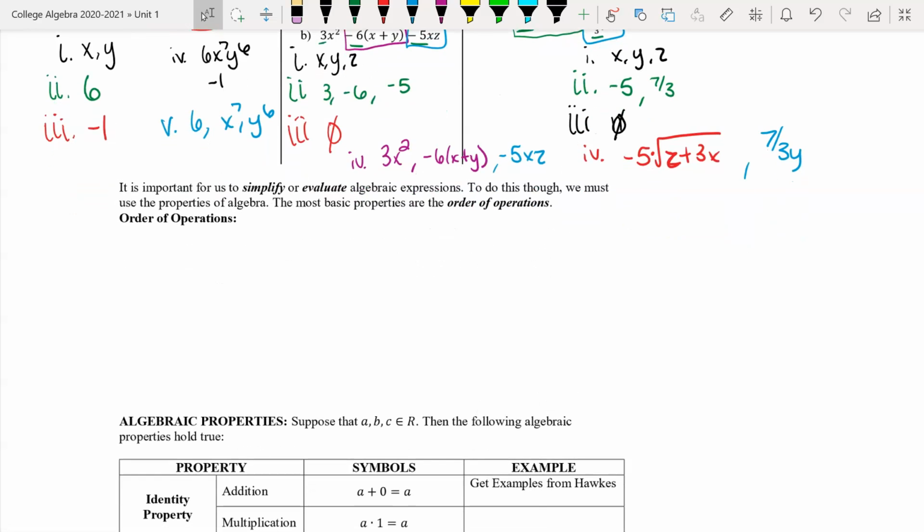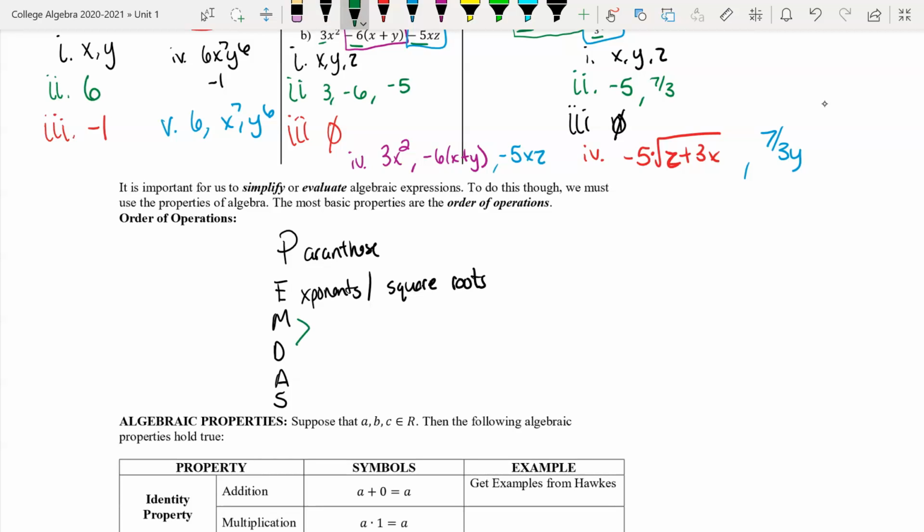Now simplifying, order of operations. Everybody knows PEMDAS. Parentheses comes first, and then you have exponents. I'm going to say square roots as well. This goes in this part. Multiplication and division, you work left to right. Do not forget that.